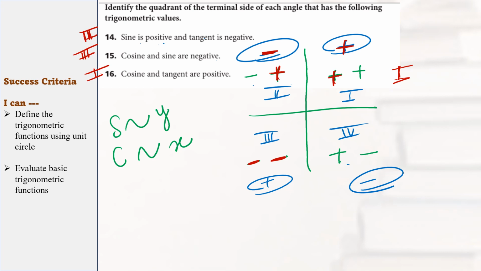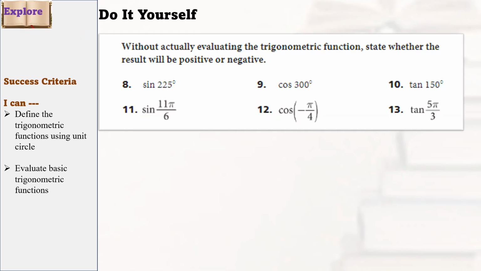So any question can come. You have to first of all sketch the diagram and keep all the information in front of you, and then see what they are asking you. Here, without actually evaluating the trigonometric function, look at the question and see whether it is positive or negative.